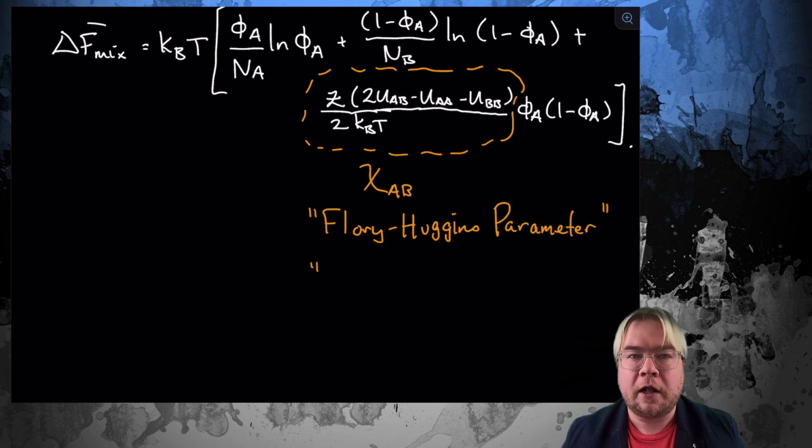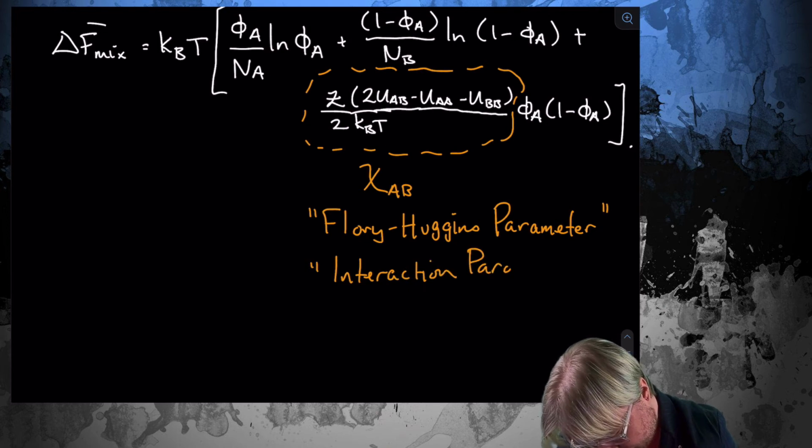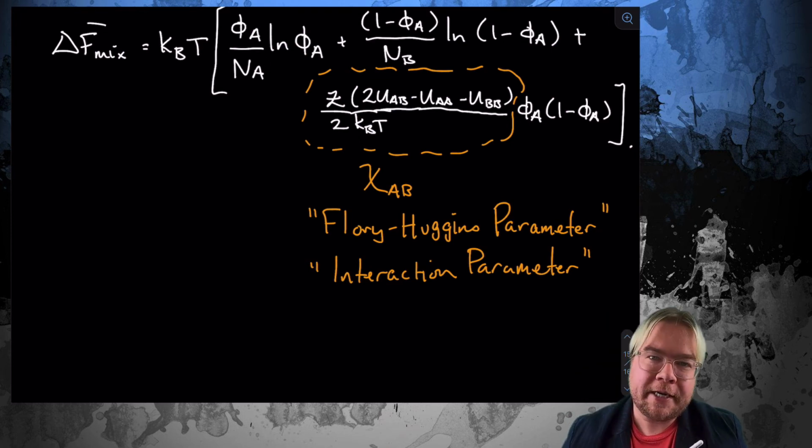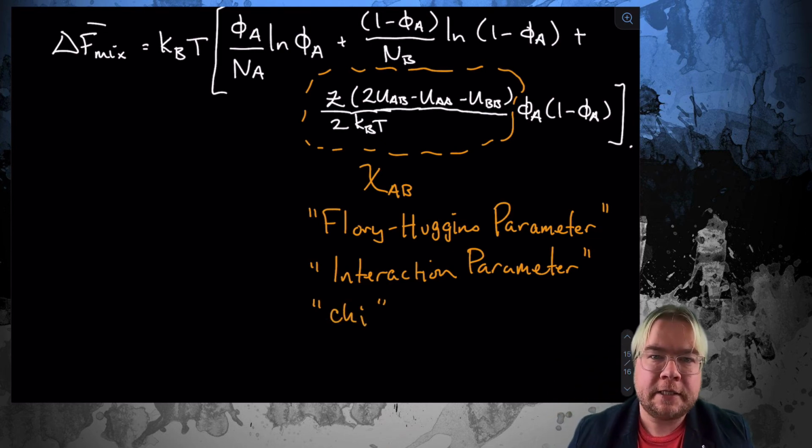We also will call it something like maybe the interaction parameter. Or if you end up using it a lot and you end up saying this a lot, you kind of get tired of saying that all the time. And a lot of us just call it chi, with the understanding that chi is the interaction parameter between the species.